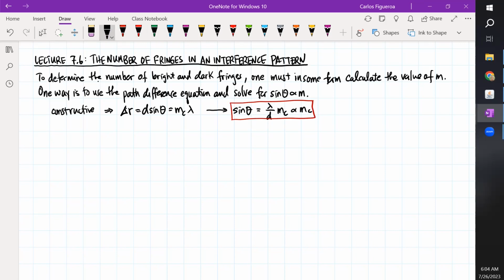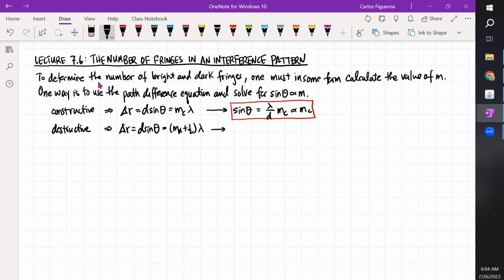I can say the same thing for destructive interference. Here, our path difference equation is directly proportional to MD in this combination.